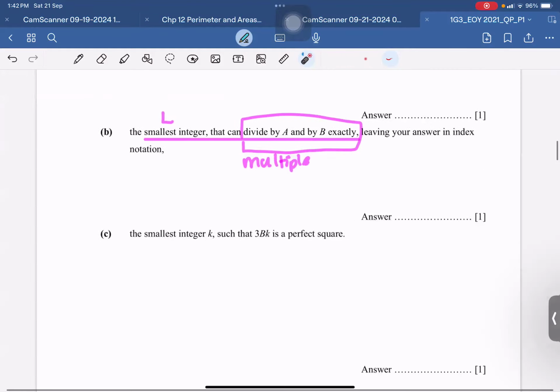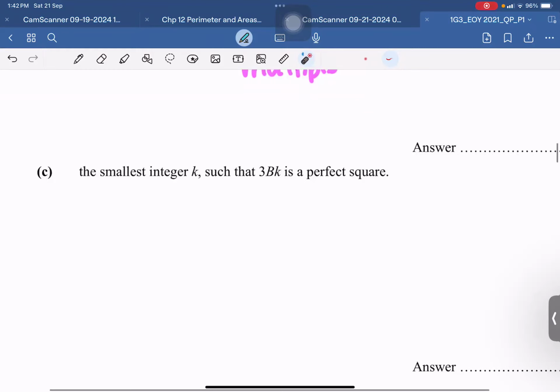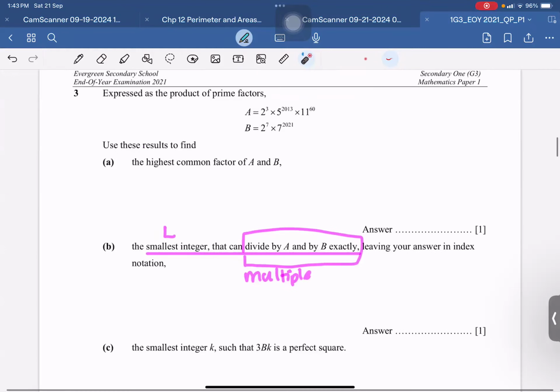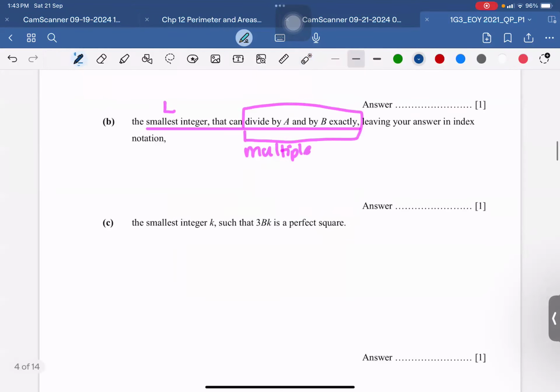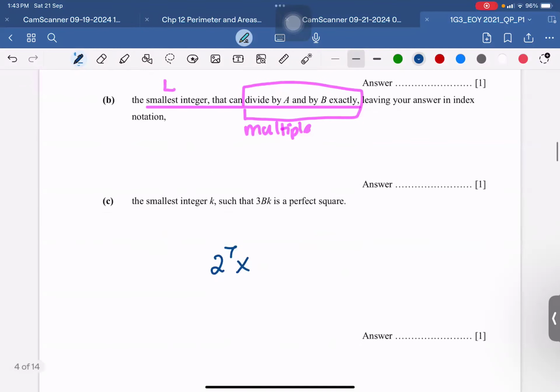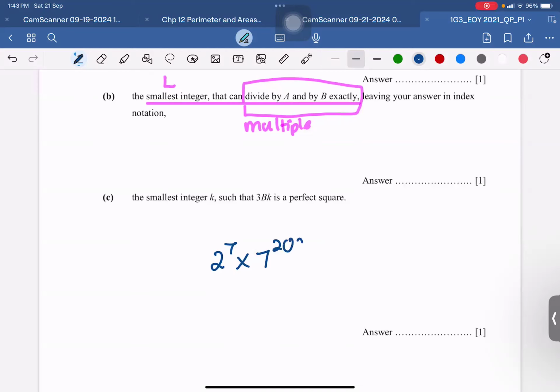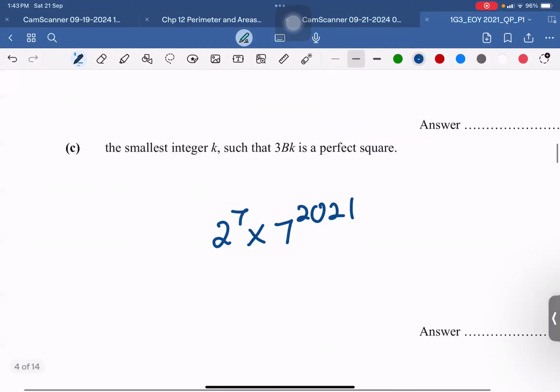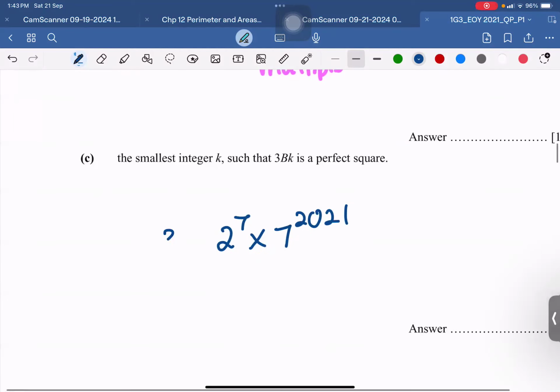Okay, can. 3C. 3b times k is a perfect square. Let's take a look at the number b. B is 2 to the power 7. Okay, so I want to find 3 times b to be a perfect square.